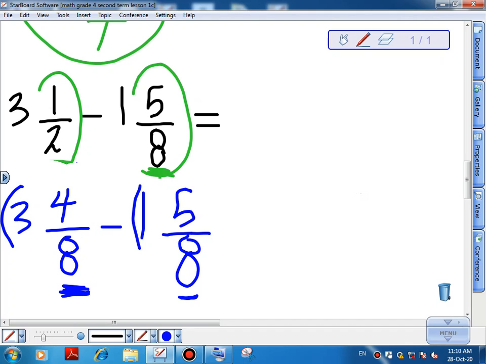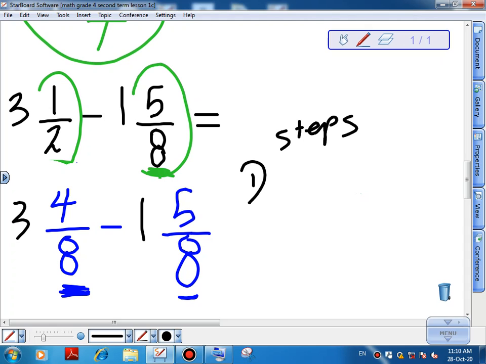First we subtract the whole number, then the fraction. Steps here. First, we look at the denominators to see whether they are the same. No, so we convert the 1/2 to be 4/8 to get the same denominator.